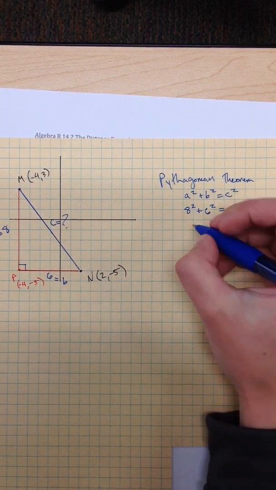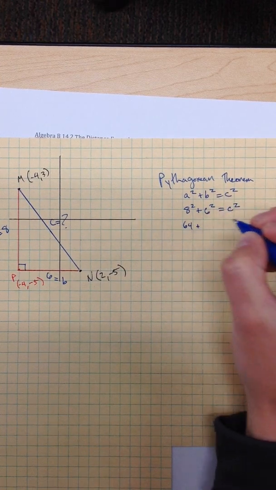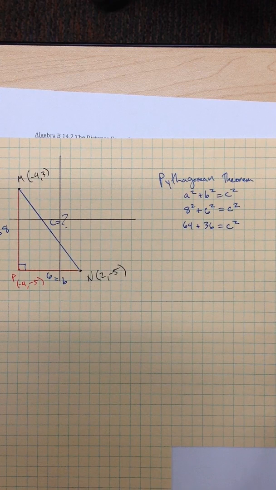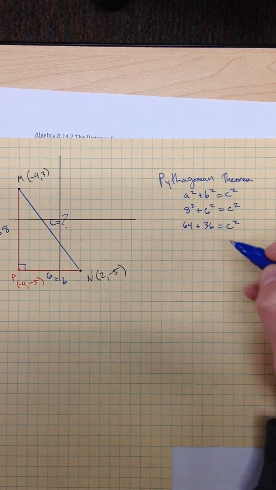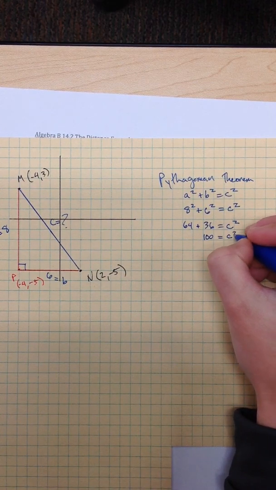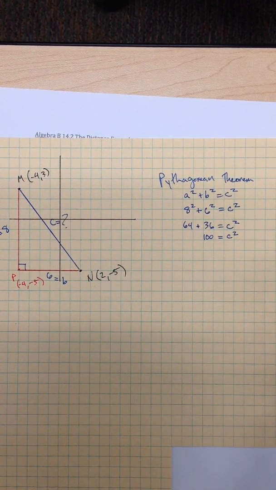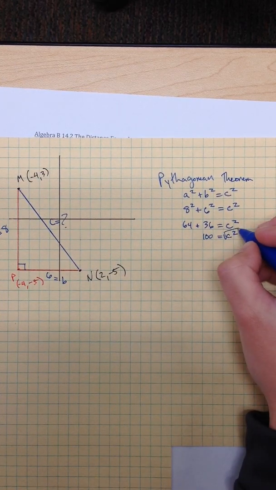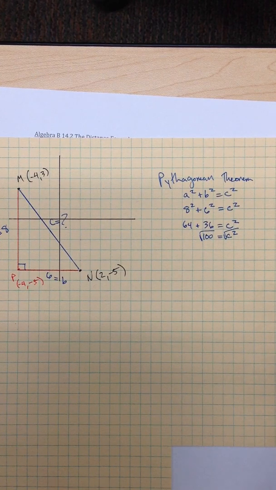So 8 squared would be 64, 6 squared is 36, equal to c squared. Then I add 64 and 36 together, which is 100. So 100 is equal to c squared. To get rid of squaring something, I take the square root. So to get c by itself, I'm going to square root both sides.